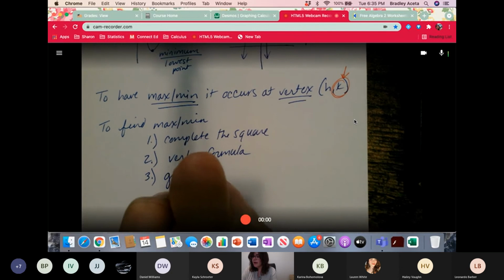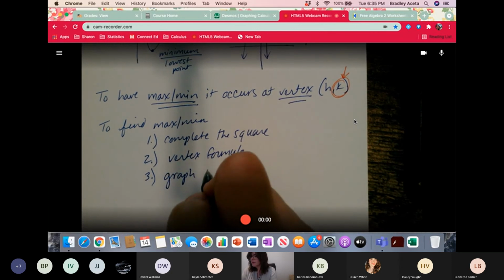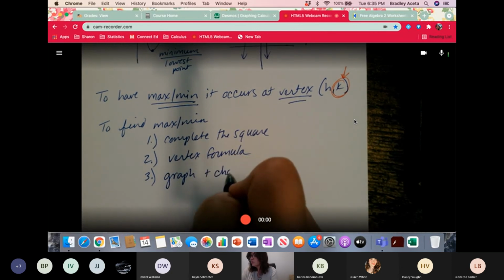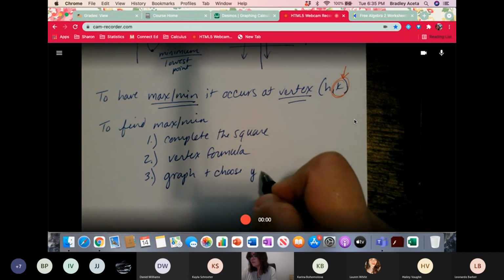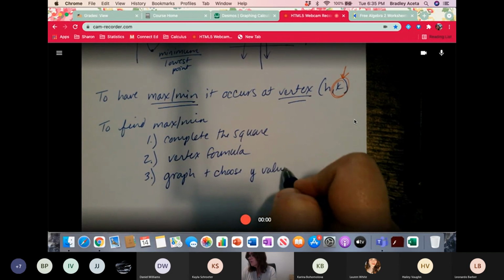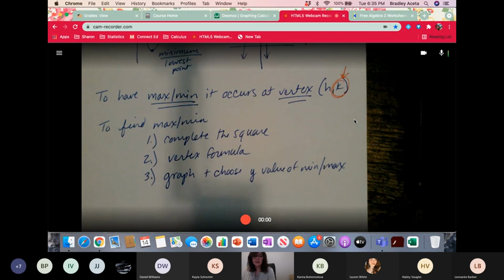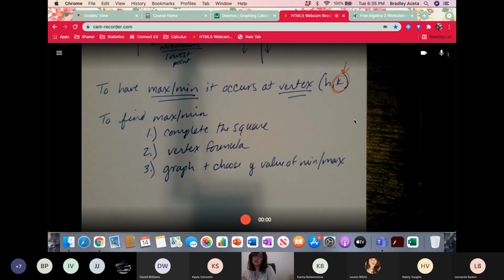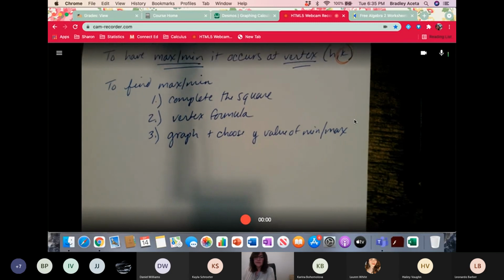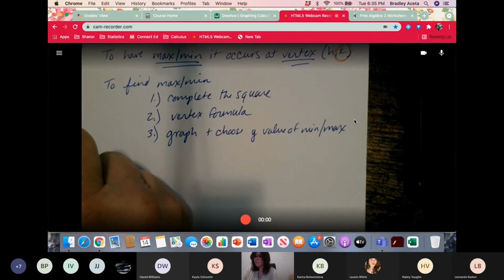And then you can graph and choose the y value of the min or max. Don't pick the x, pick the y. And they're going to do that because, you know, they're multiple choice. So they're going to try to trick you. So let's do this one.